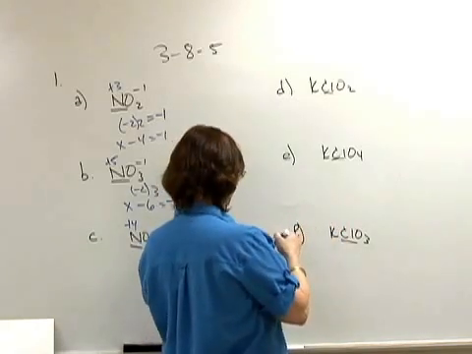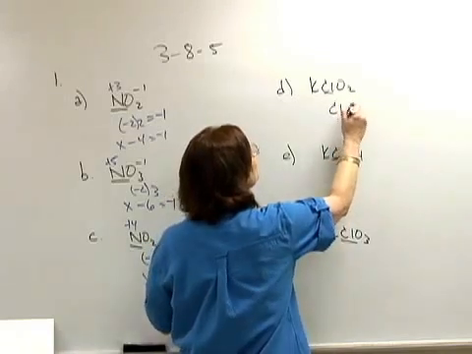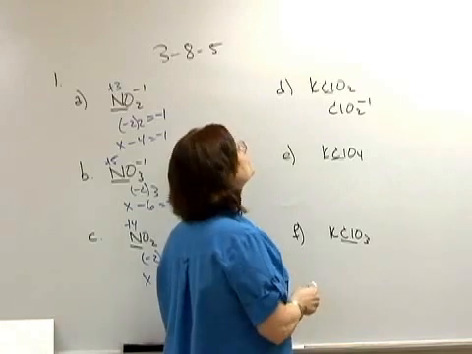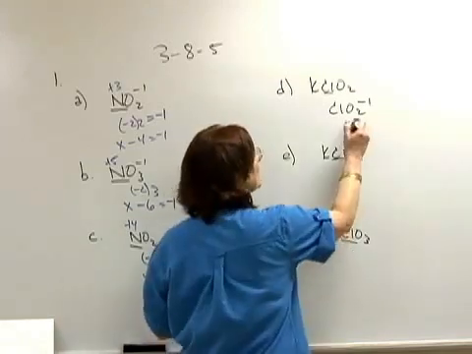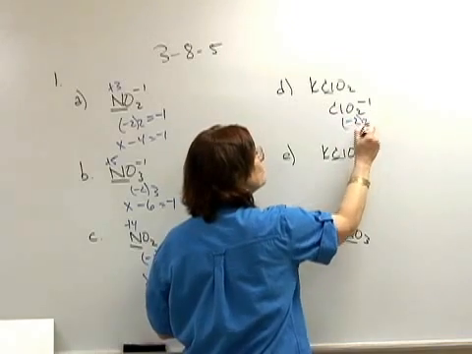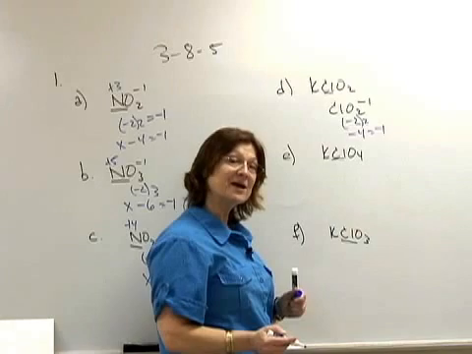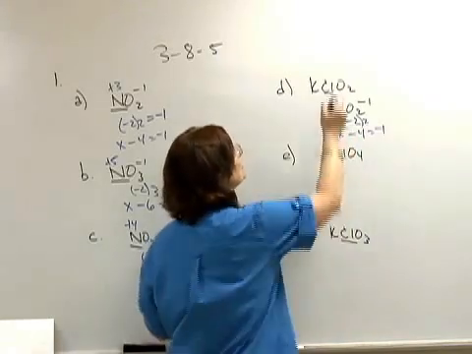Therefore, I have chlorite is -1. Oxygen's charge is following its periodic position, and we've done this before. -2. There are 2 of them. That gives me a -4. The overall charge of this polyatomic ion is -1, and therefore chlorine in this case is +3.